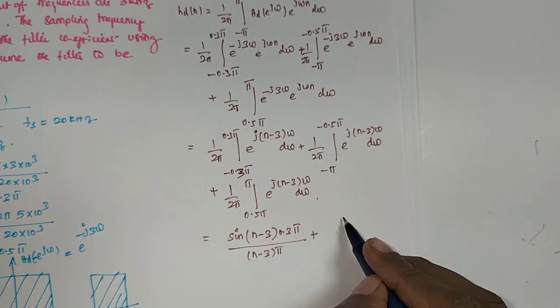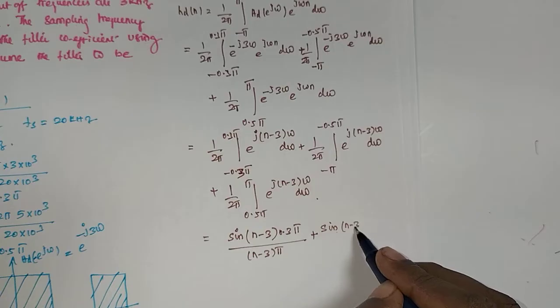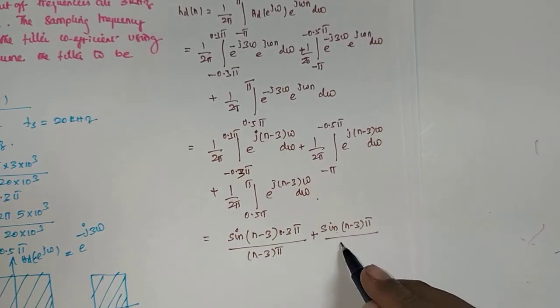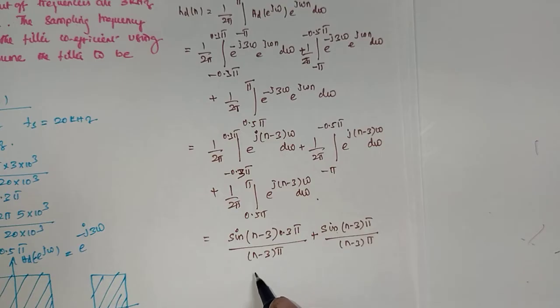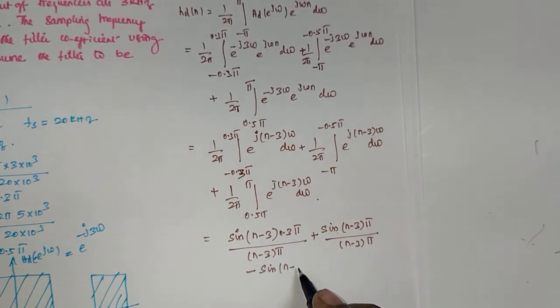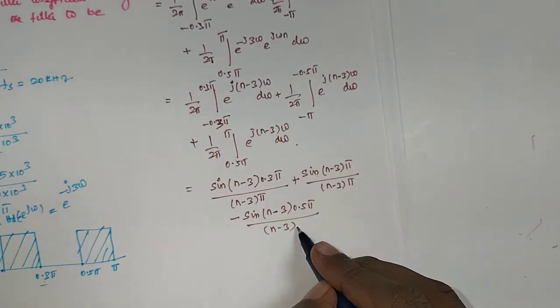And for the high pass part, we get sin of (n minus 3) pi minus sin of (n minus 3) into 0.5 pi, divided by (n minus 3) into pi.